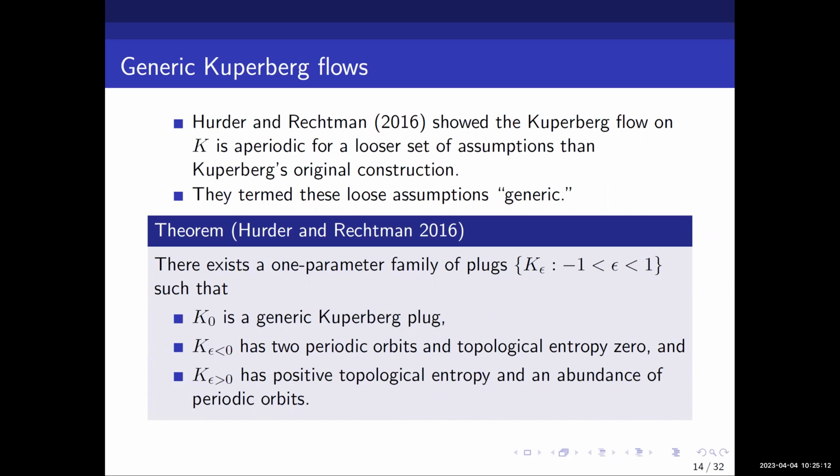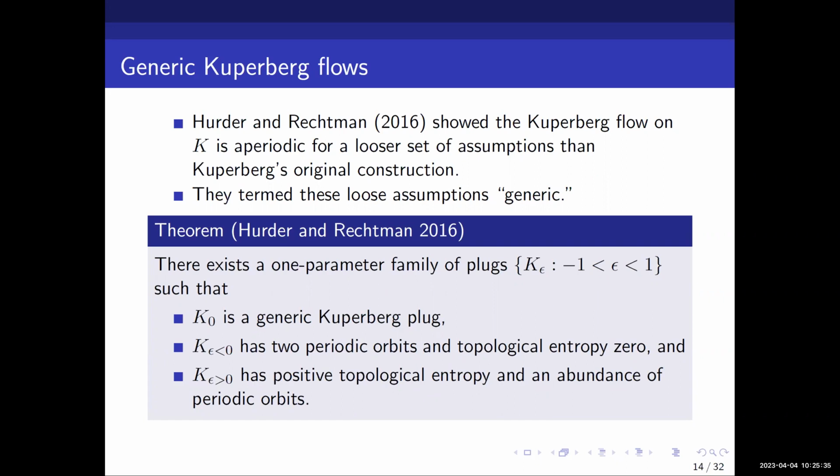So this was one of the reasons why Herder and Reckman really started this project to explore these sort of complicated flows, because, in their words, these flows lie on the boundary of hyperbolicity. You want to explore hyperbolic behavior in flows.